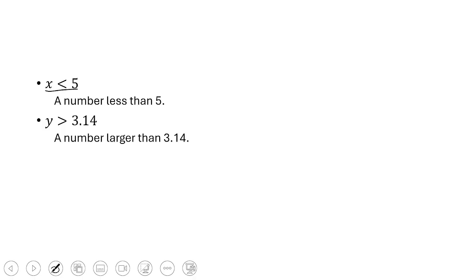So if I write this, then I can think of it as a number that is less than 5. So x less than 5, we just say a number less than 5. If we have this one, we can say that this is a number larger than, so I'm using an adjective larger for greater, a number larger than 3.14.